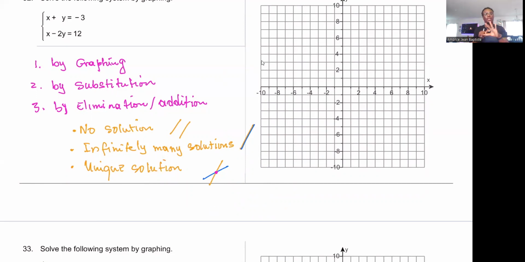So you have 3 methods to use: by graphing, substitution, elimination, or addition.